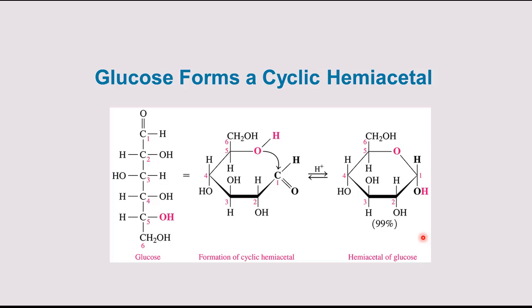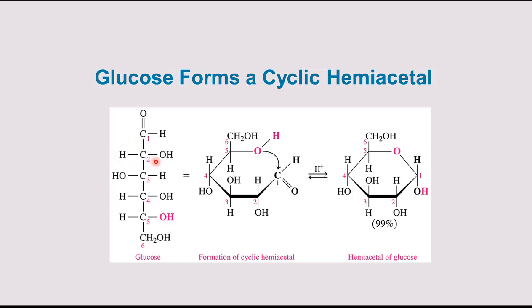So a great physiological example of this is the molecule glucose. The open chain structure of glucose looks like this. So glucose is an aldehyde. You'll see that carbon 1 has that C double bond O, but on each other carbon in the chain, we also have hydroxyls.